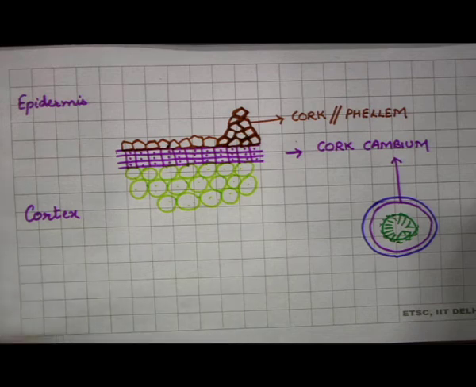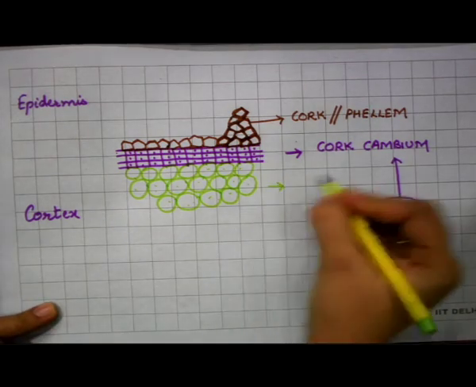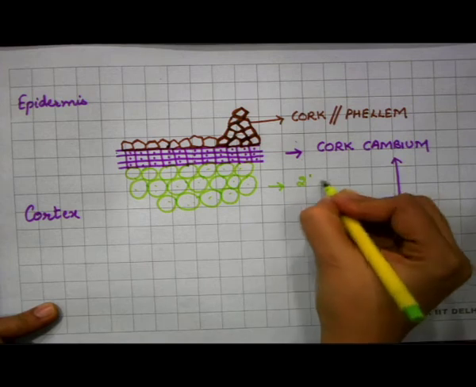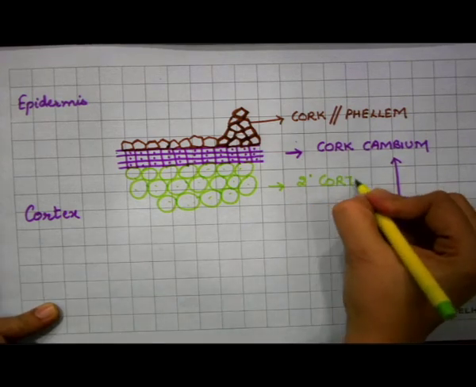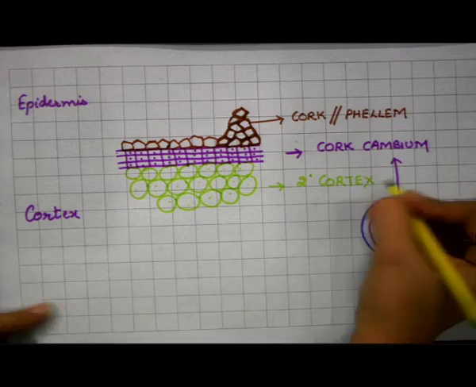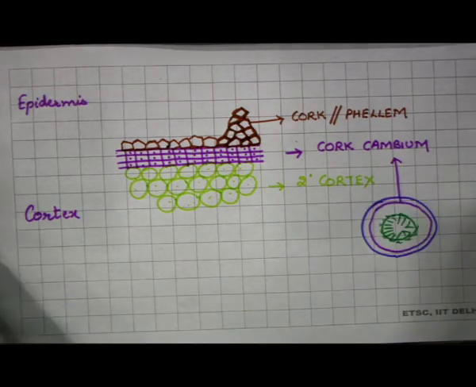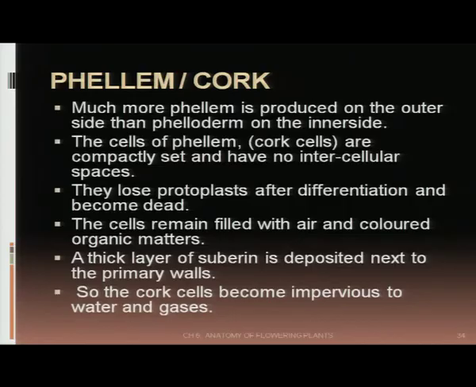So, this is the secondary cortex. I hope this color is visible. As I had just said, moving back to the cork, cells become impervious to water and gases because of the presence of a layer of suberin.